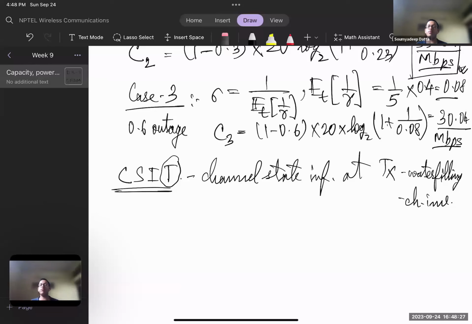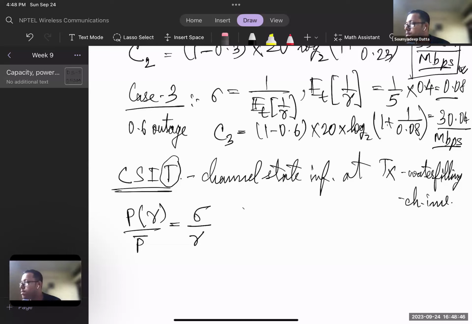So you just want to remove the gain part from it. How will you do that? You will allocate power accordingly, something like sigma by gamma. Because then if you multiply this with the gain, sigma by gamma times gamma, gamma and gamma will cancel out.